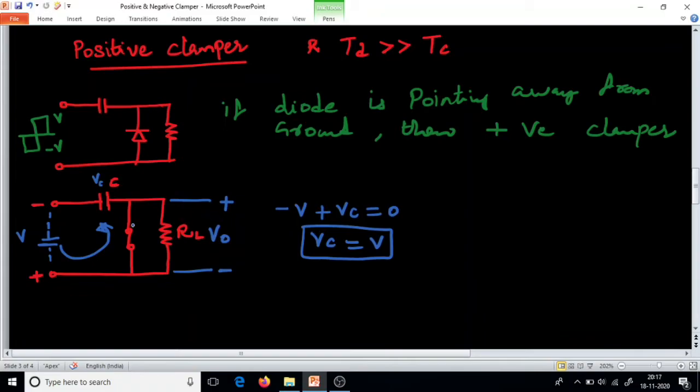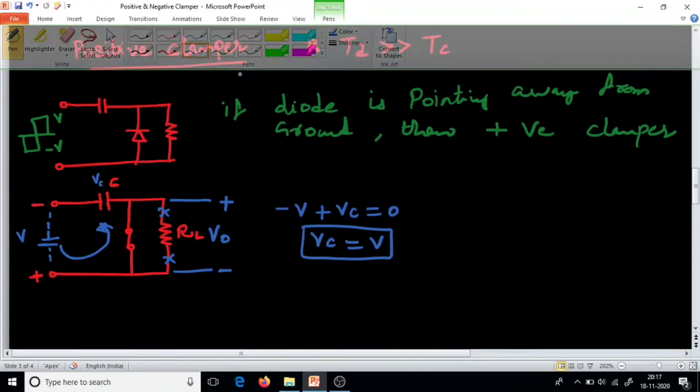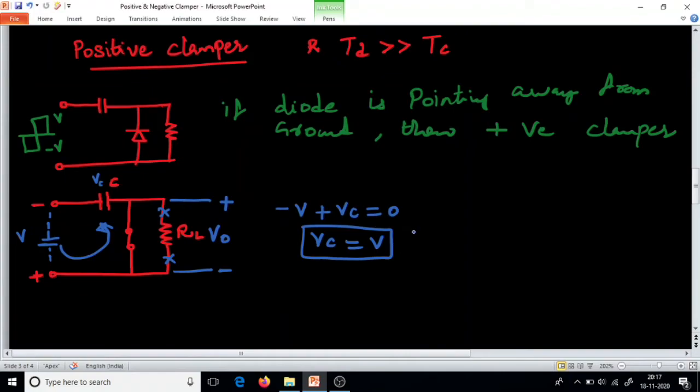When the diode is ideal and is a short, it is as if it doesn't exist here, because no current flows there. So our output V out equals 0 volt, because we are measuring between the same points.